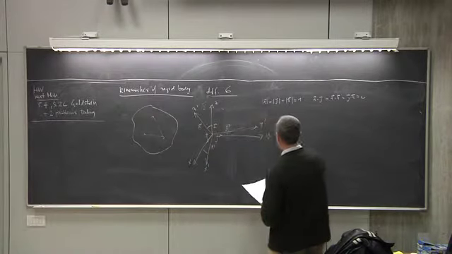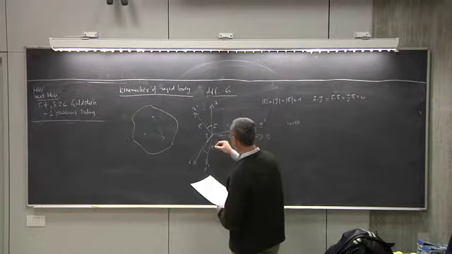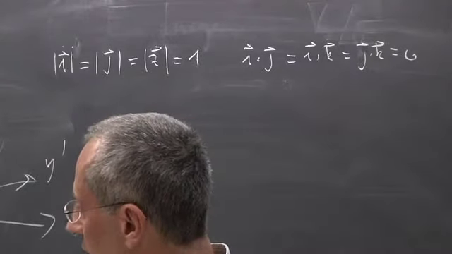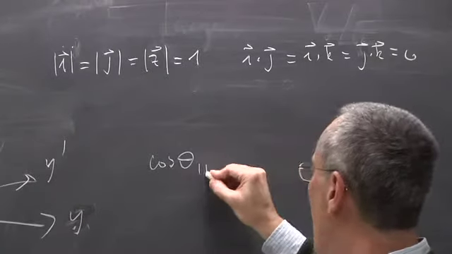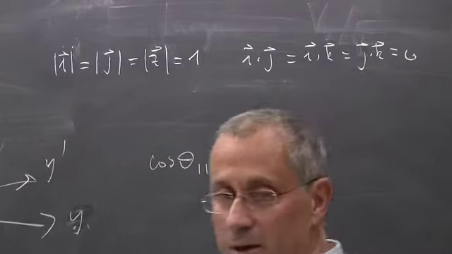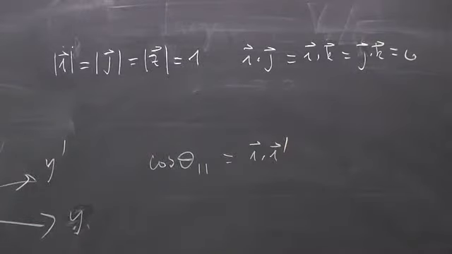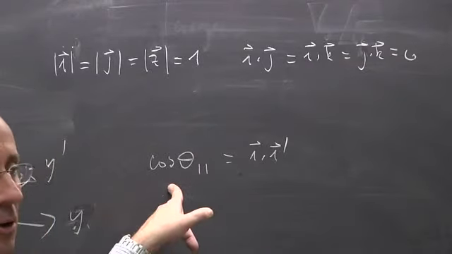And so you see that you are defining angles. For instance, you define this angle here between, let's call it cosine 1, 1, and this is defined by the scalar product of these two. Because their norms are equal to 1, this is exactly the cosine of this angle.